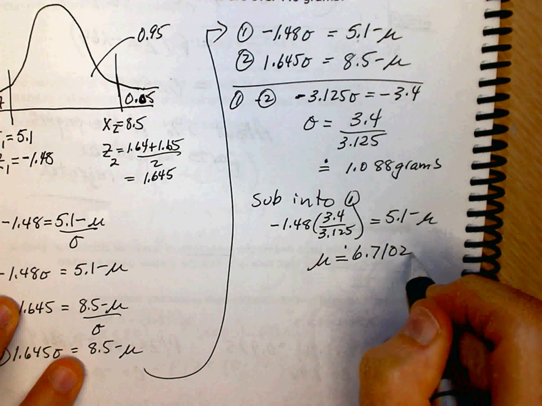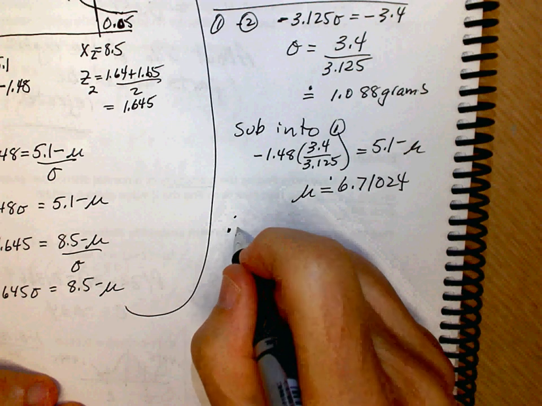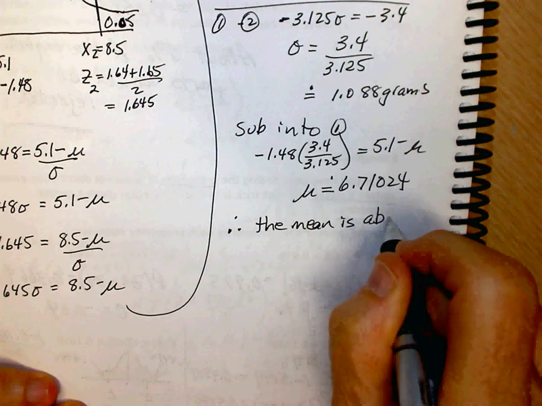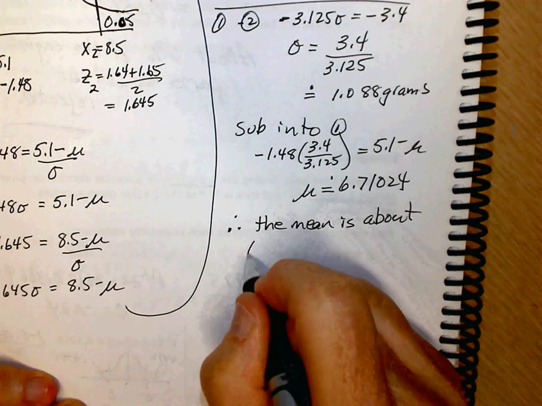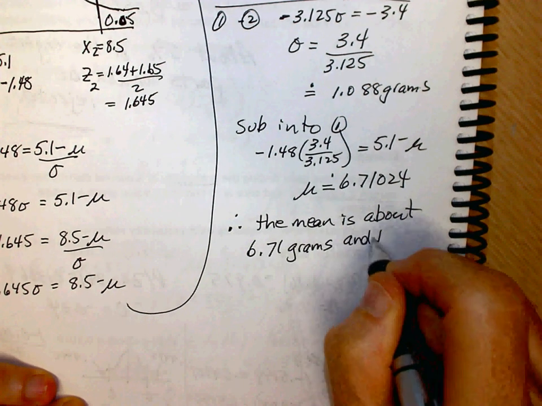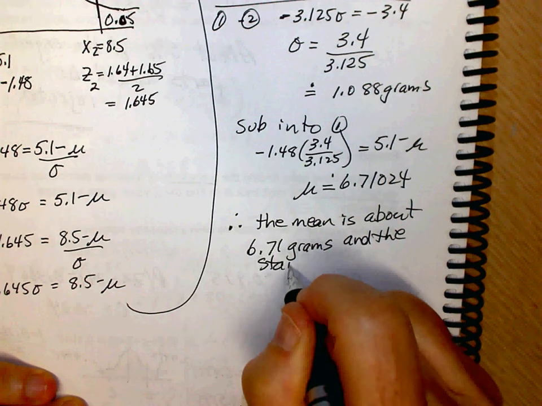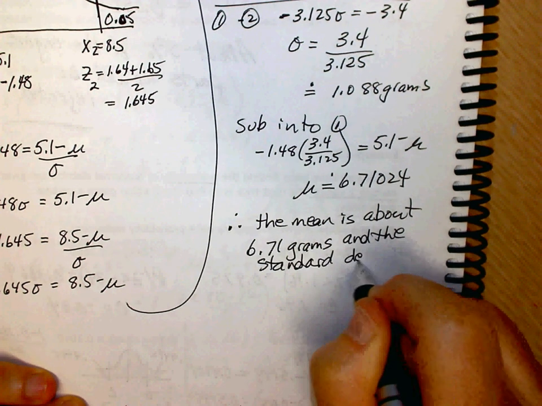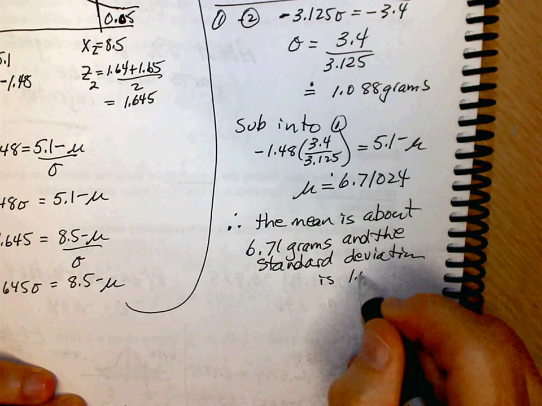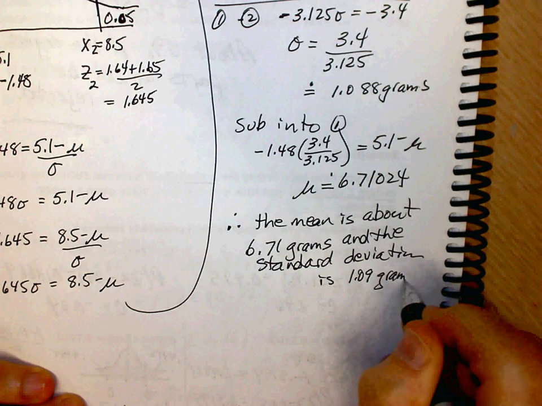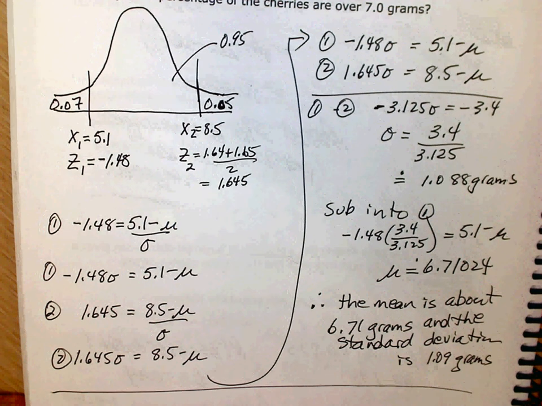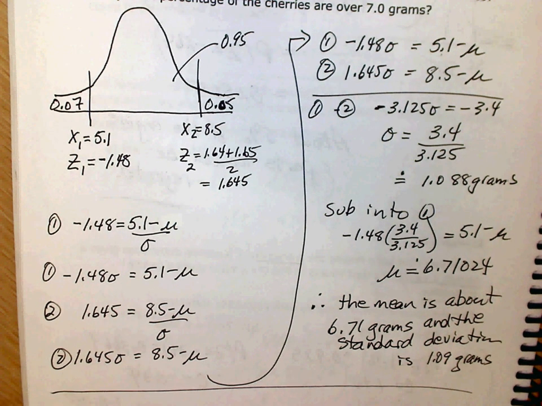Therefore, the mean is about 6.71 grams, and the standard deviation is 1.09 grams. Can I explain anything better? Or just working backwards? A very good question. We'll just do part B and then we're done.